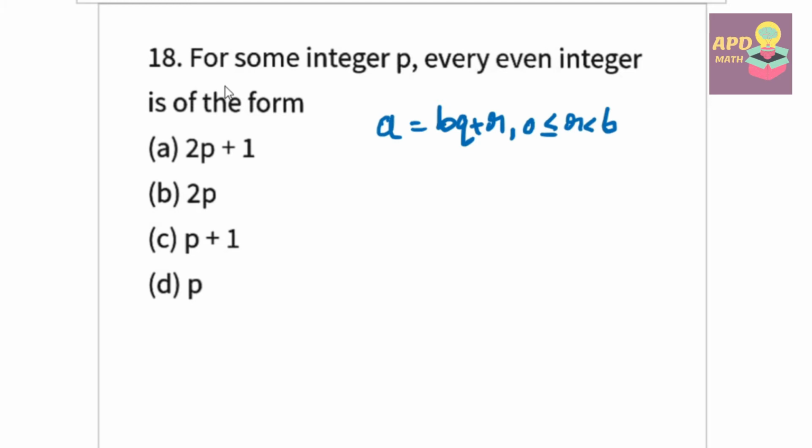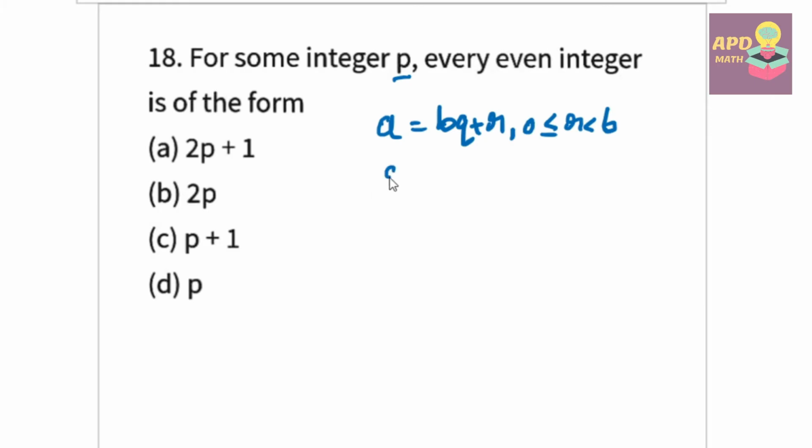But here we have, for some integer p, so instead of q we can take p. Instead of q and r, we take p and r.